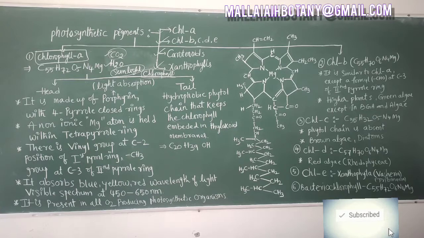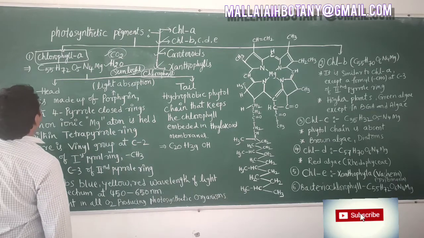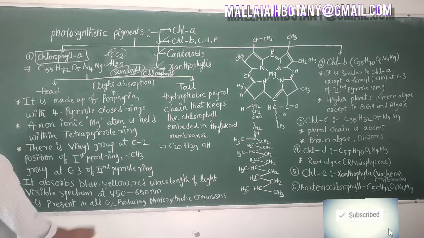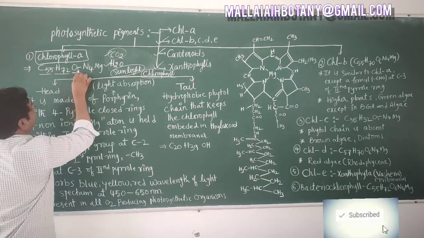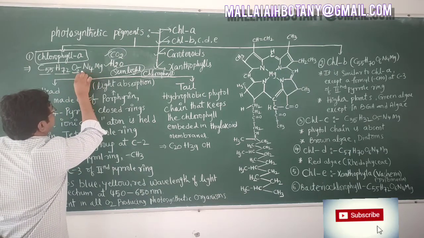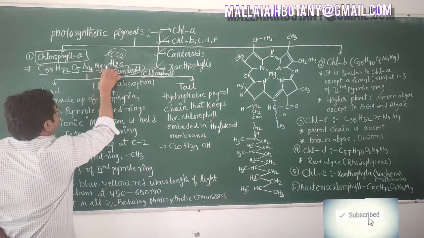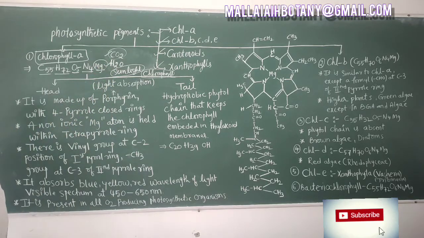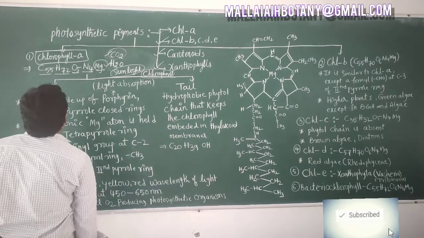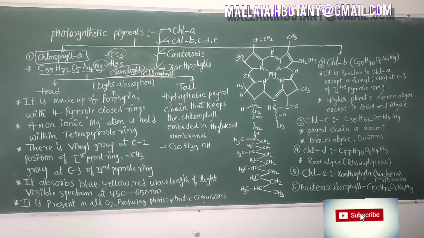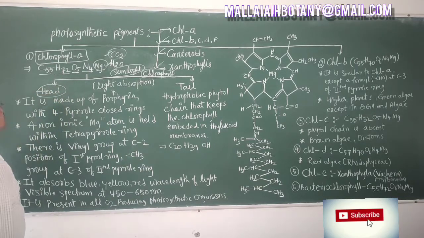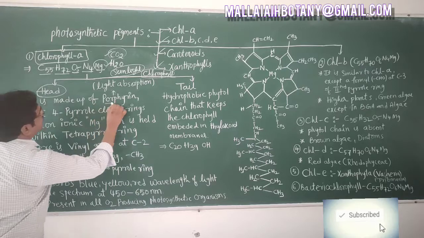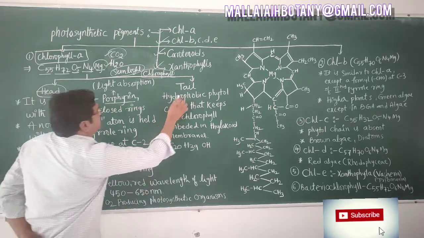What is the molecular formula of chlorophyll A? It is C55H72O5N4Mg, that is, 4 nitrogen atoms and magnesium. This is the molecular formula of chlorophyll A. Chlorophyll A contains 2 main parts: the head, which is the porphyrin ring, and the tail part.